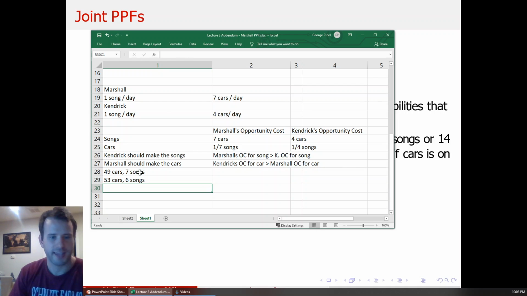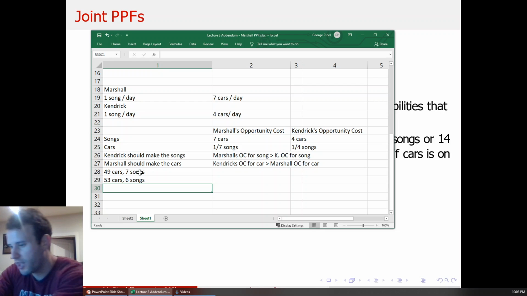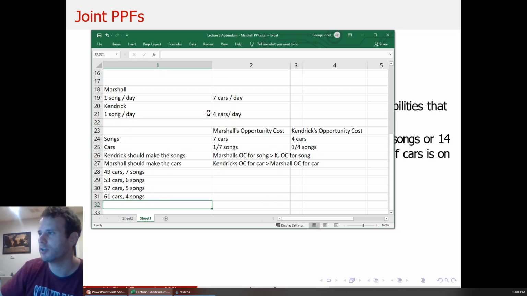If Kendrick takes away one of his songs and makes a car instead, if they wanted more than 49 cars, they could do that. It's just that Kendrick would then have to give up some songs, and they could make 57 cars and 5 songs, or 61 cars and 4 songs. So basically, I'm just adding 4 cars a day, okay?